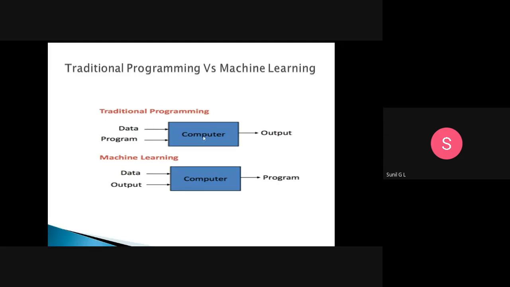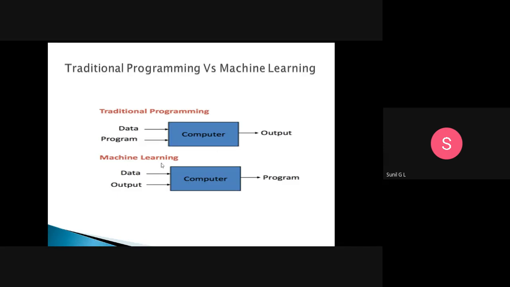The computer executes the program, taking the input 10 and 20, and gives the output 30. So this is the traditional program: it takes the data and the program, runs the program on the input, and gives the output.